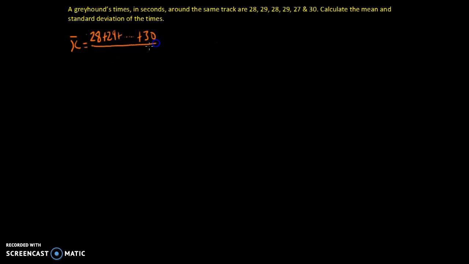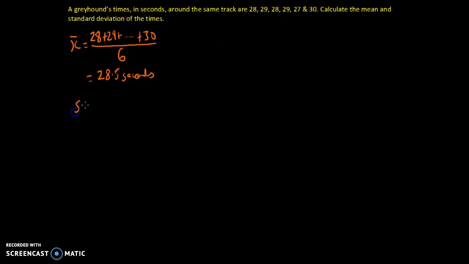So add all the values together and divide by the number of values, in this case number of times, and that's 6. And when you calculate that, it's 28.5 seconds. So the greyhound's mean time around this track is 28.5 seconds.